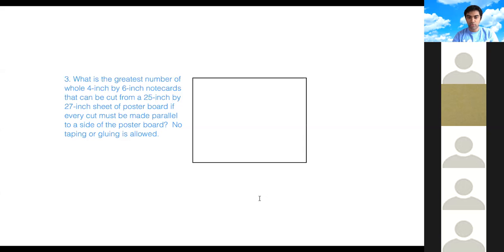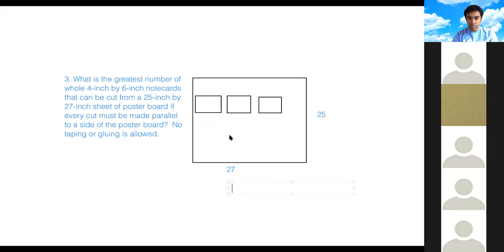Let's take 25 by 27. So we have 4 by 6 note cards. So if you imagine putting them 1 by 1 in this way, and so on, we know we can fit 6 note cards.